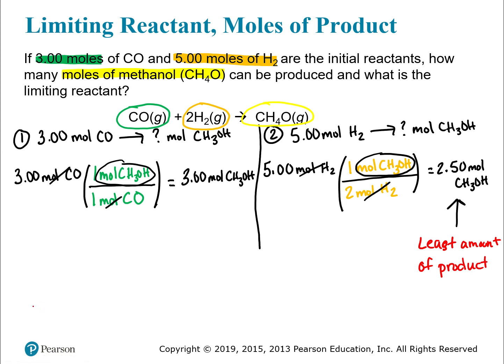So that means we're going to produce 2.50 moles of methanol. And that hydrogen gas is limiting. So how are we doing so far? This is limiting reactants.